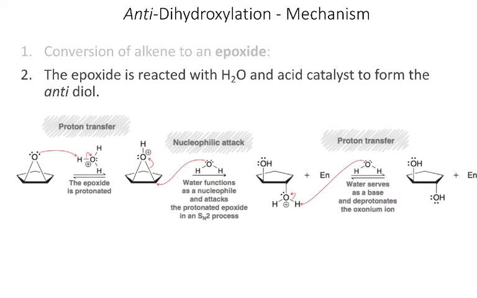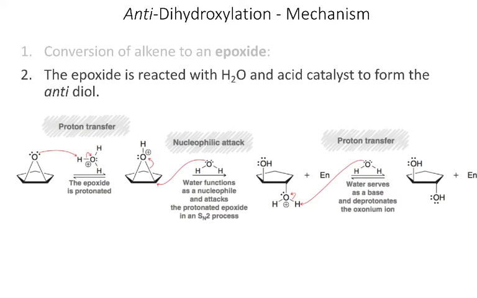Okay, after we form this epoxide, it's reacted with water and an acid catalyst to form the anti-diol. So we haven't named alcohols yet, but alcohol names end in OL, so a diol is two OHs, or two alcohols in the same compound. And so the mechanism, right, first we have the acid that protonates our epoxide.